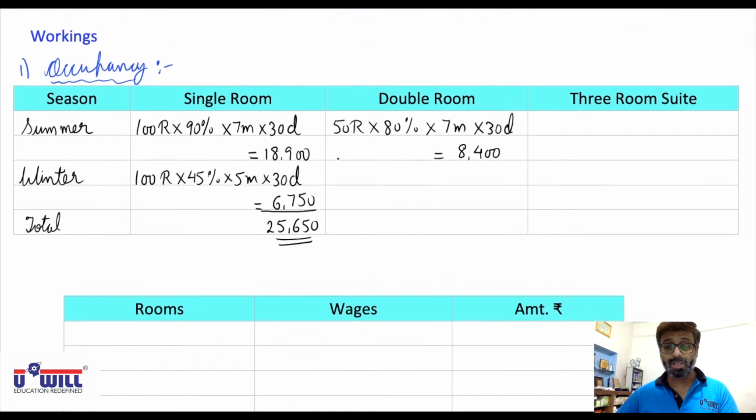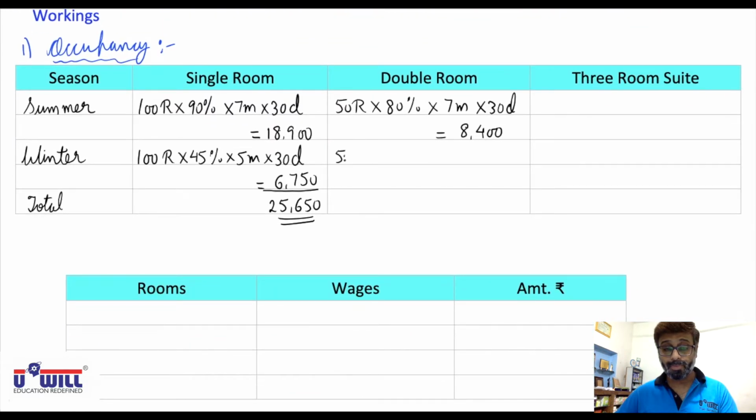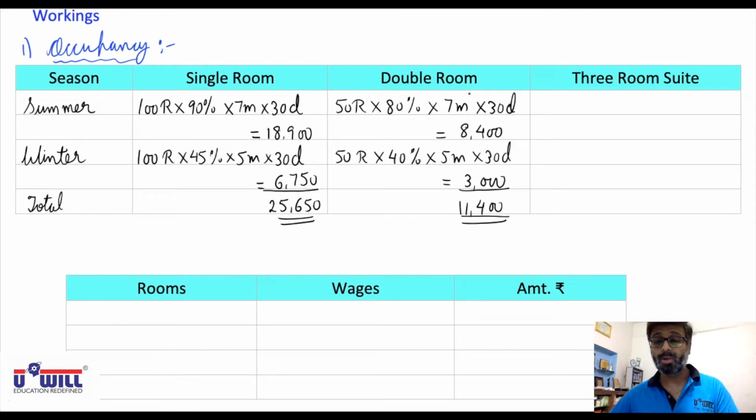So 50 rooms into 40% occupancy, that is 20 rooms, into 5 months, 100, into 30 days, 3,000. So 11,400 is the total number of rooms going on rent for double rooms.